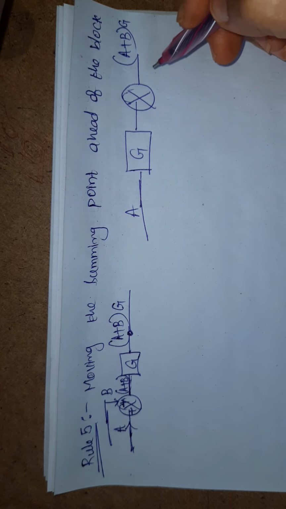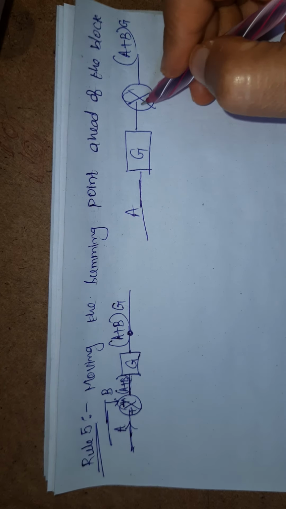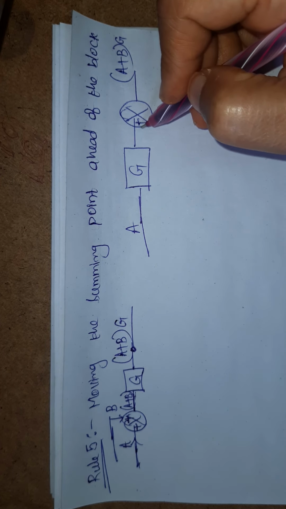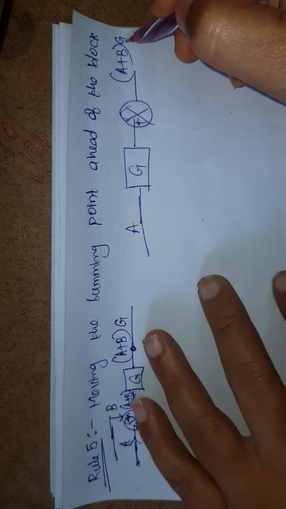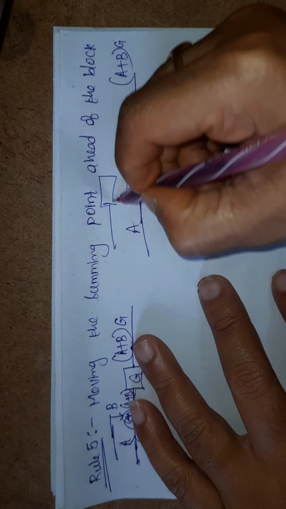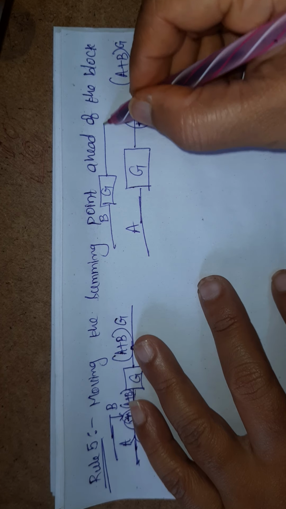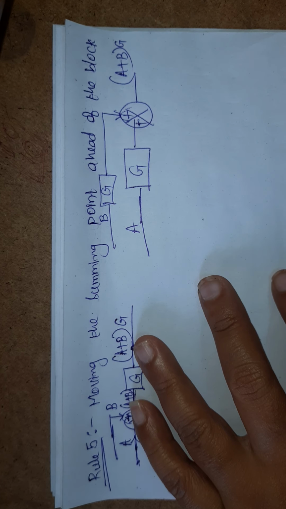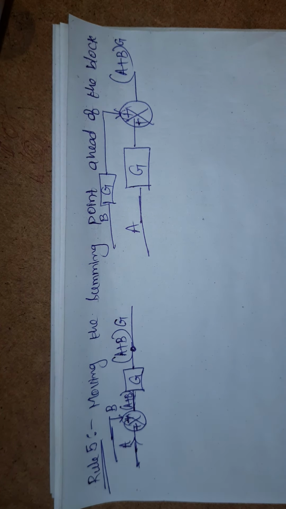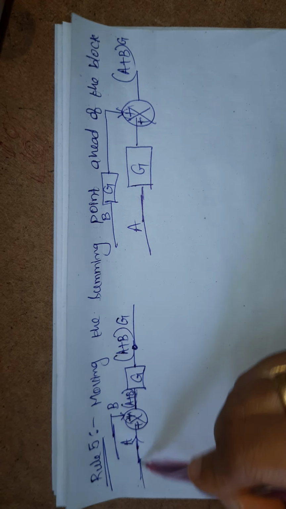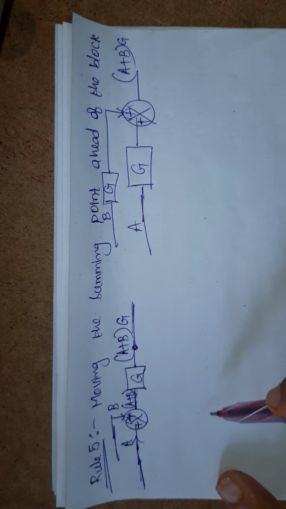Okay. So now how to get A plus B into G? Already I am getting A into G here. Now we have to get B into G. Similarly, this is the input B and B into G is added here, such that there won't be any change in input side and output side.